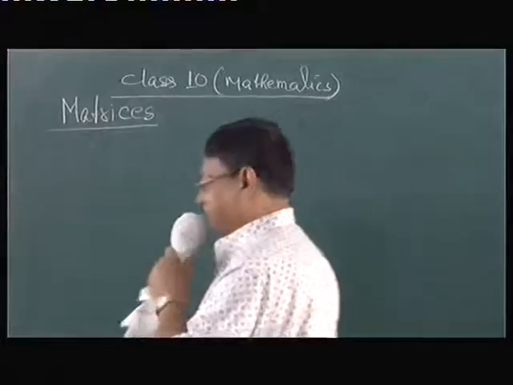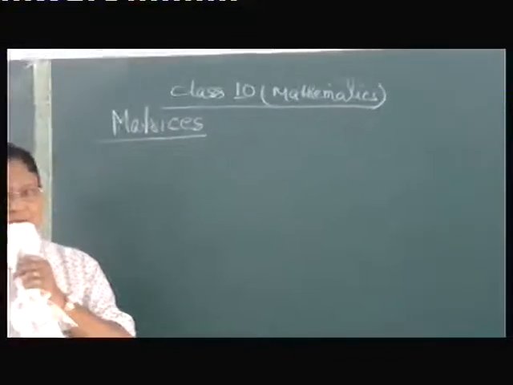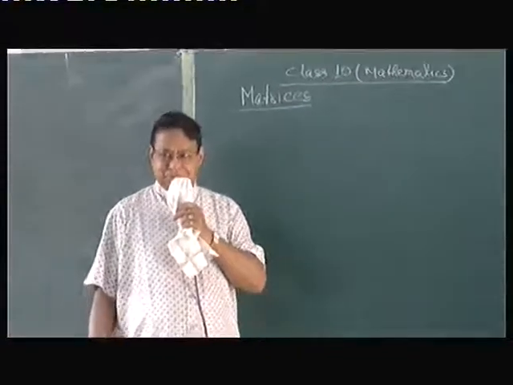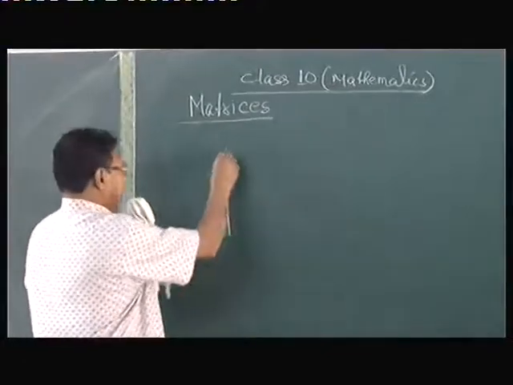Now look at this. 3 children obtained marks in 3 subjects. So in a tabular form, we write it like this.